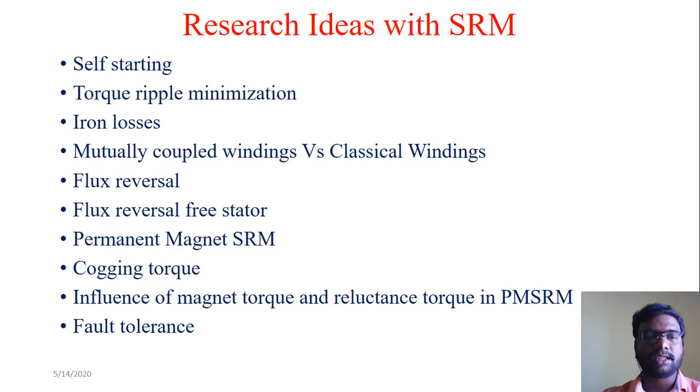The third one is cogging: because we have a permanent magnet, that leads to cogging torque in the machine. In a permanent magnet SRM, two torques are developed: reluctance torque and torque due to the permanent magnet. What are the impacts of those? And the last one is fault tolerance, that is, the winding fault.